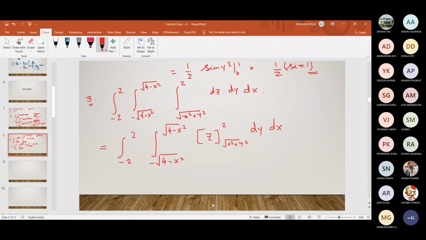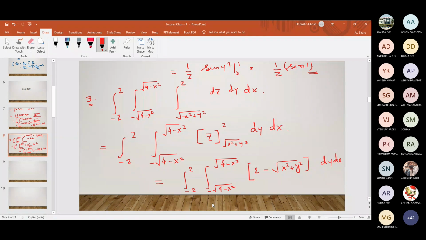That we can replace, that is 2 minus under root of x square plus y square, dy dx.